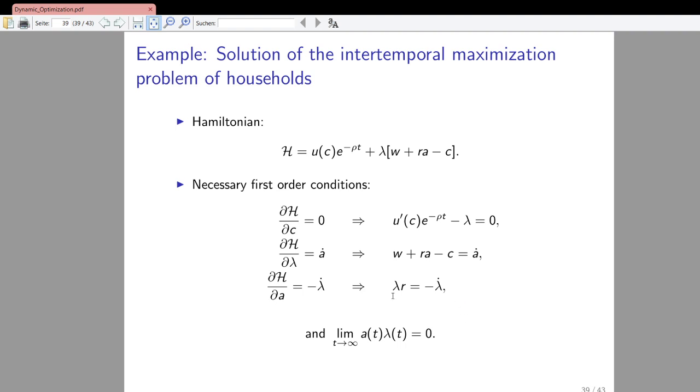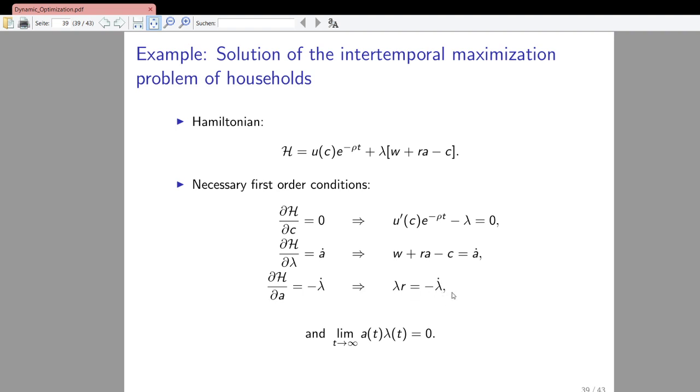So we see here, by an interpretation, if we reformulate that, that the rate of decrease of the co-state variable has to be equal to the interest rate. And that means that as assets accumulate, for example by having asset income at the interest rate, then the shadow value of assets would decrease at the same rate.